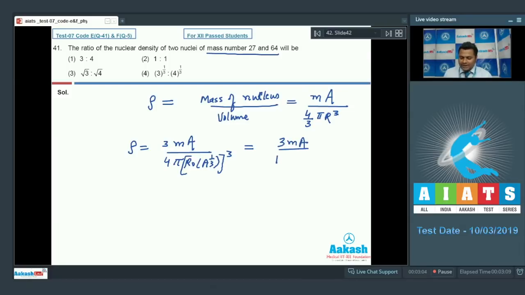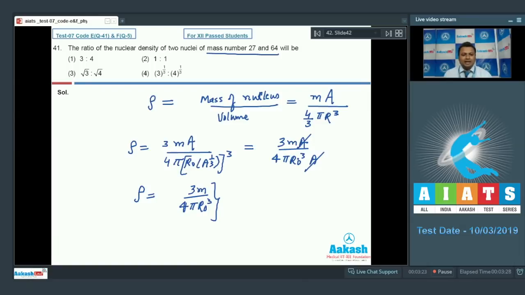3mA whole divided by 4 pi r naught cube multiplied by A. We got nuclear density rho as 3 times m divided by 4 pi r naught cube. So all of them are constant and it is independent of mass number.